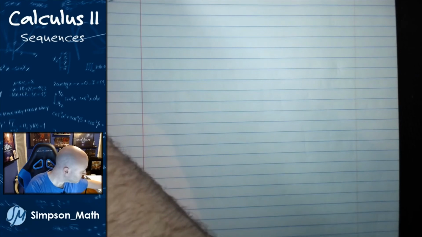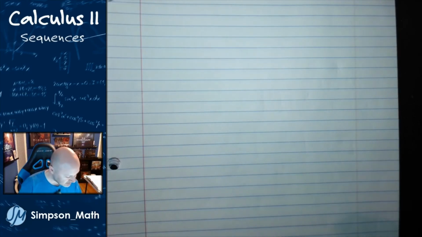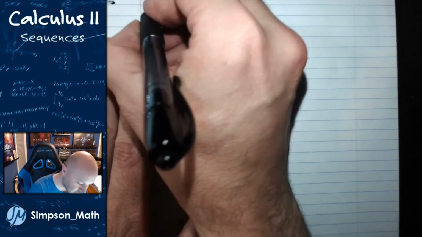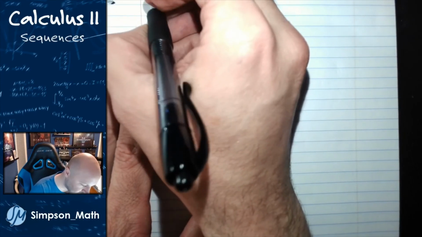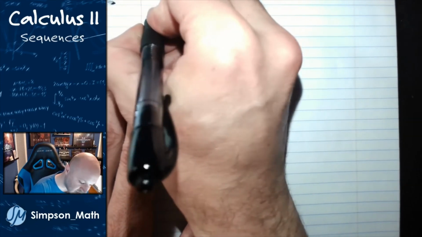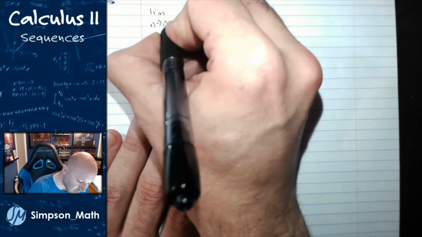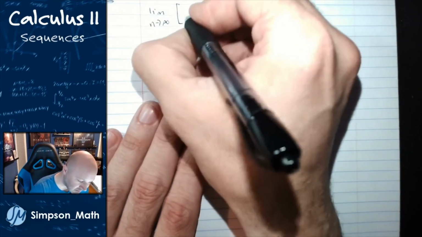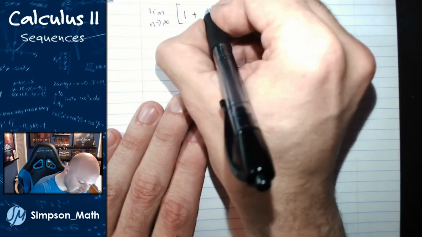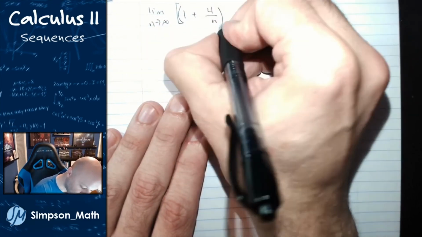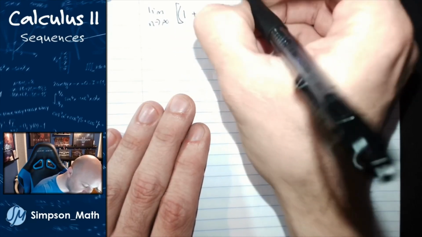All right, that was reviewing some limit skills. Let's do that again. Let's try and find the limit as n goes to infinity of this. I'm calling it a sequence, but really this is just a Calculus 1 problem where this could have been a function I gave you.